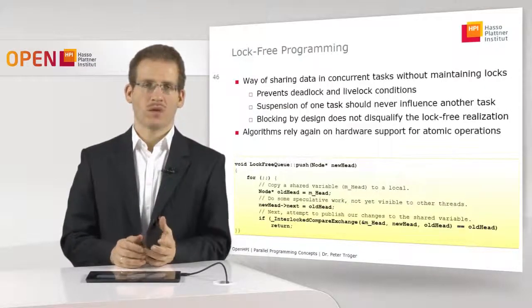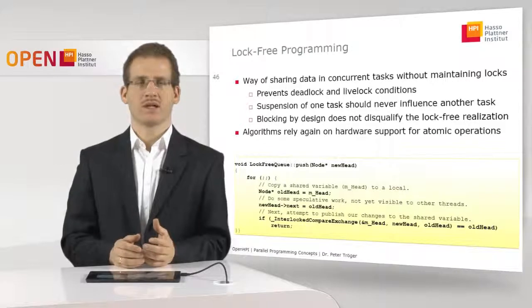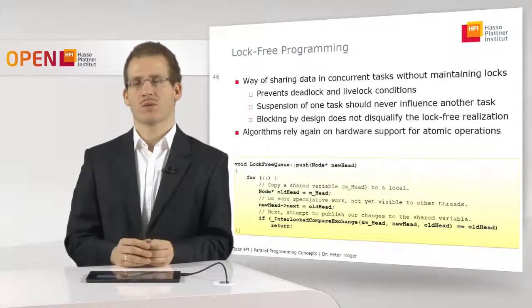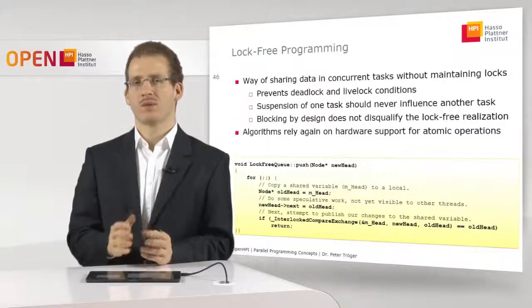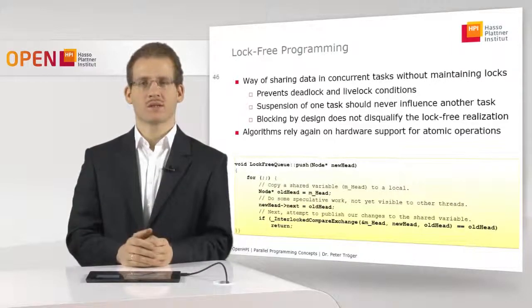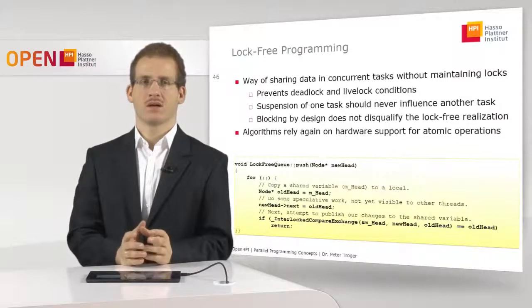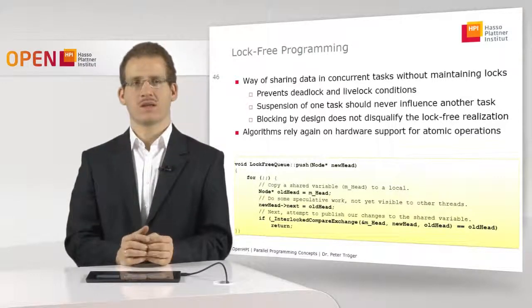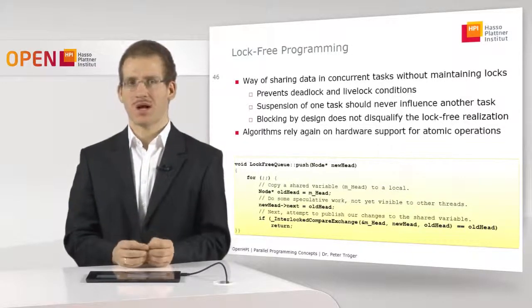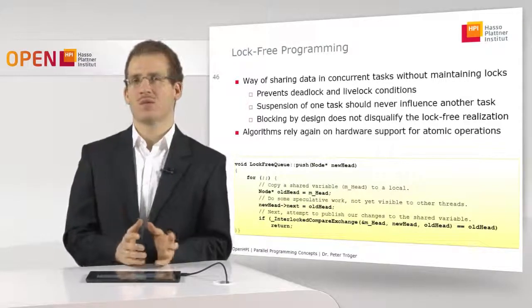An even more elaborate high-level primitive is so-called lock-free programming. This is not only a primitive, but basically a whole research field and also a class of different approaches. Lock-free programming means that you share data in concurrent tasks without actually using any locks.